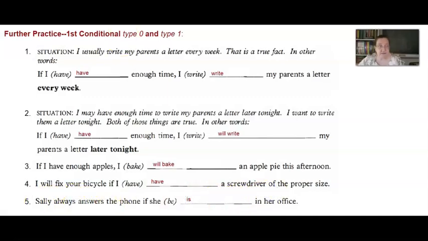So as you can see right here, Sally always answers the phone. Yes, there you go. So it's present simple. This right here is the if clause. The if clause always uses present simple in the first conditional, no matter what.